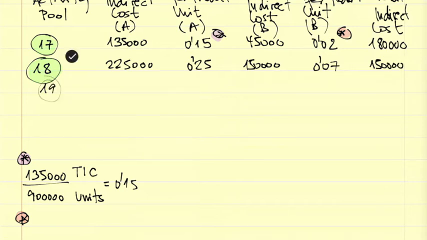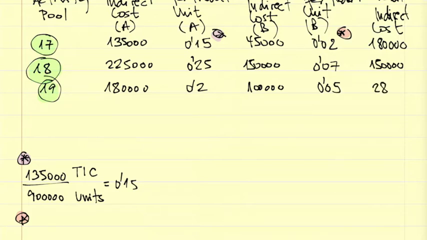Number 19. Similarly, 180,000, 0.2, 100,000, 0.05.